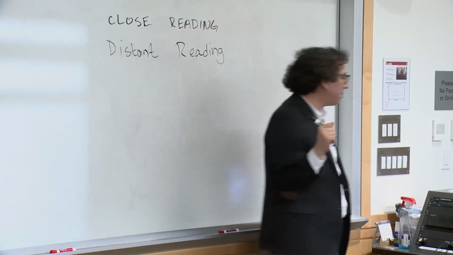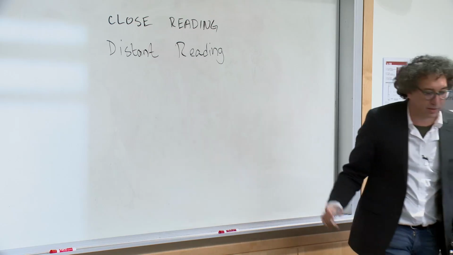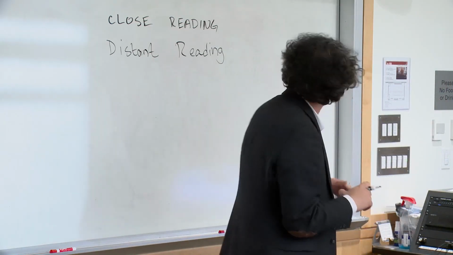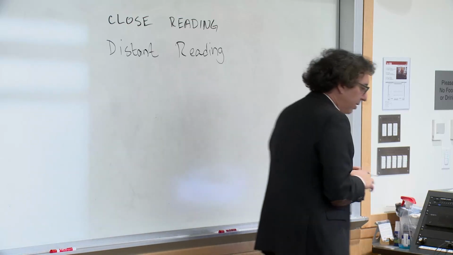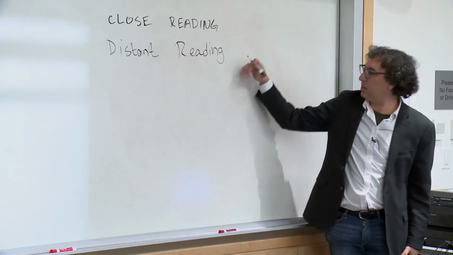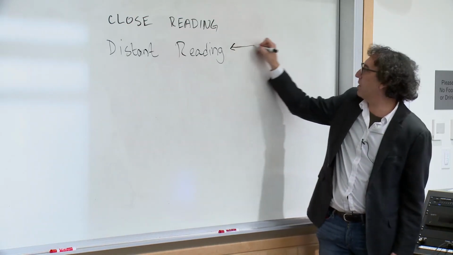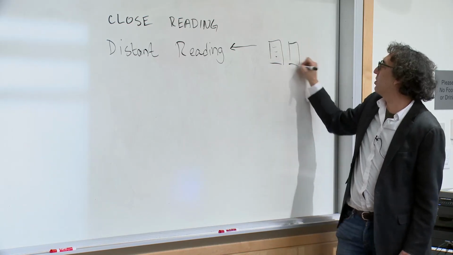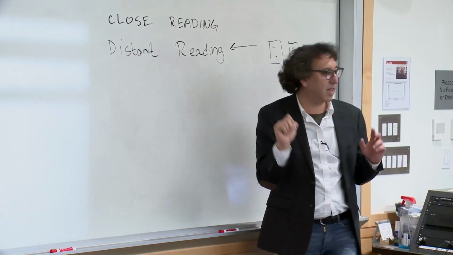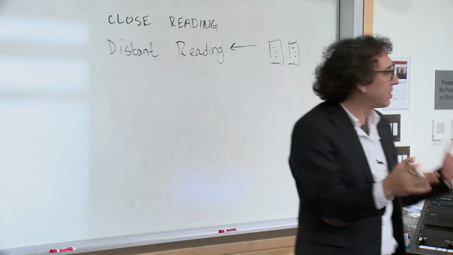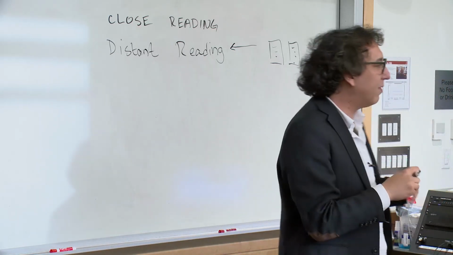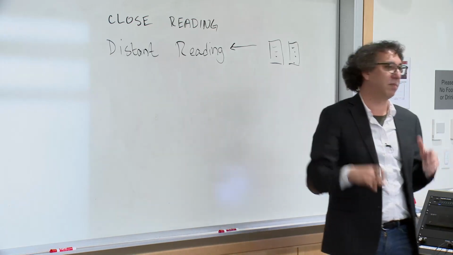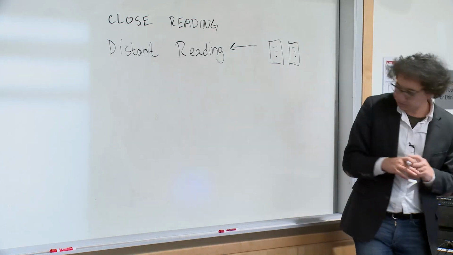Other people were doing this before, but the term is connected to a literary critic named Franco Moretti. And that's not going to be on an exam or anything. But the notion is that distant reading is something you do when you're not close enough to the text to really make these kinds of precise arguments, but you are far enough away that you can see not just one text, but multiple texts.